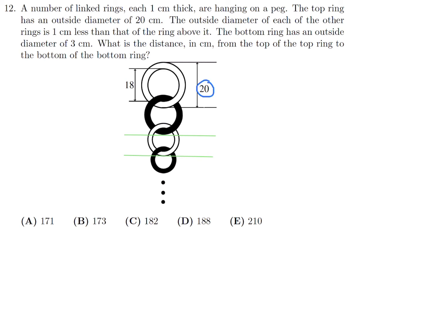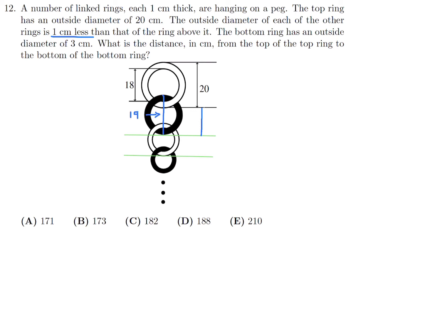The first one is the full distance from top to bottom, and that's 20. But when you get to the next one, first and foremost, you have to understand that it is 1 centimeter less in terms of its diameter from top to bottom. So from top to bottom, instead of 20, it'll be 19, correct? So that distance is 19.